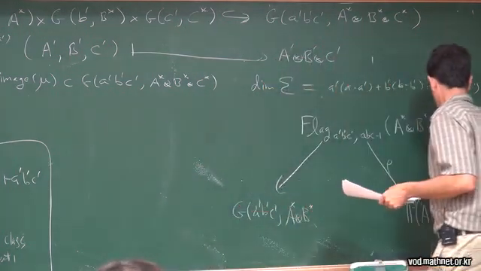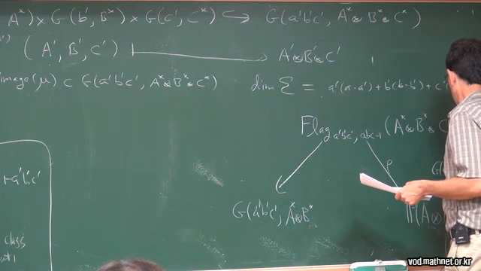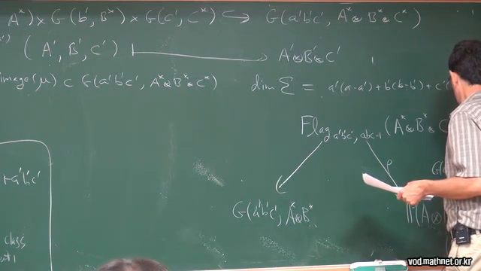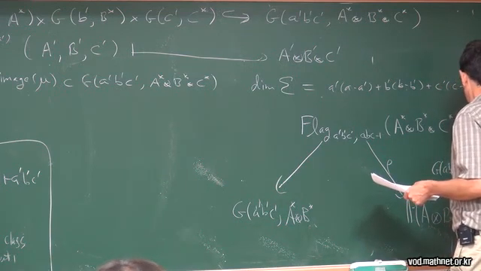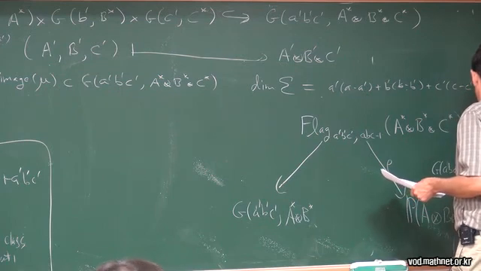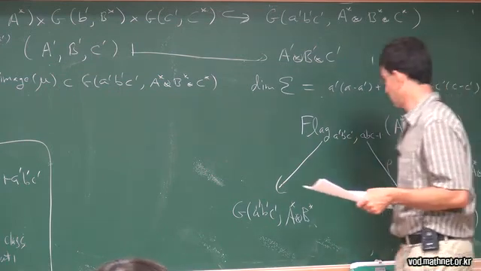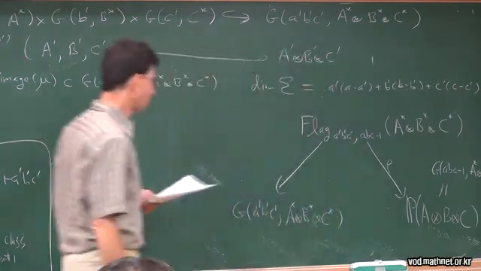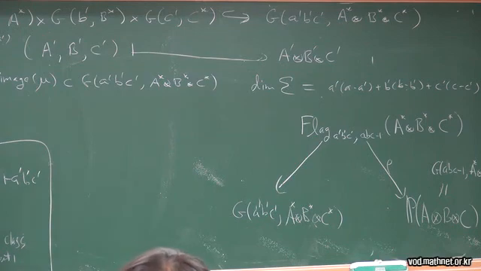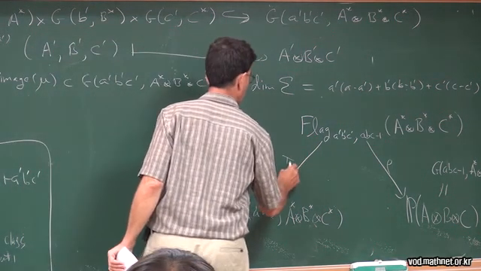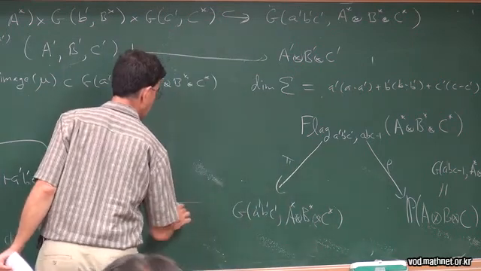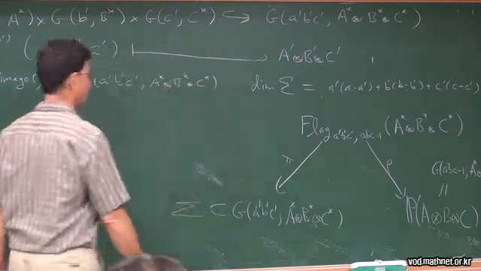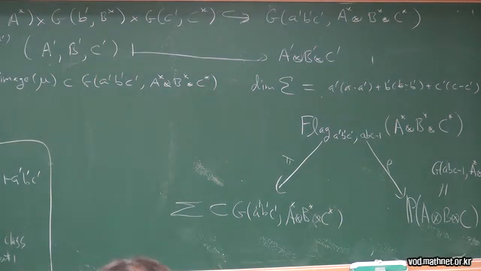So this is the Grassmannian of A'B'C' planes in A*B*C* minus 1 inside A*. And sitting inside this Grassmannian is sigma. Sigma are these triples.